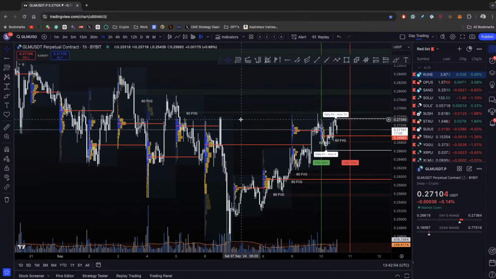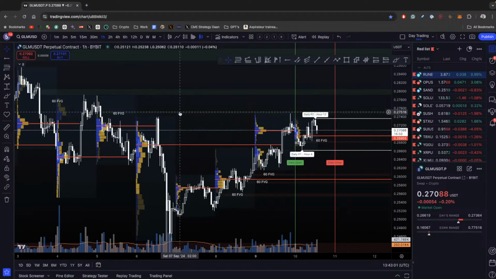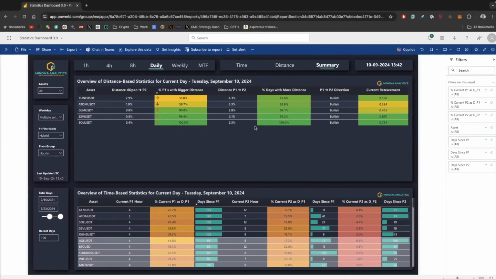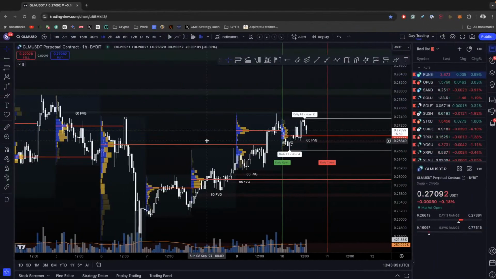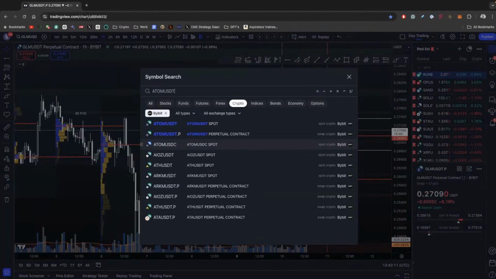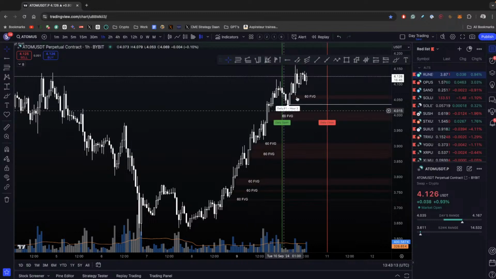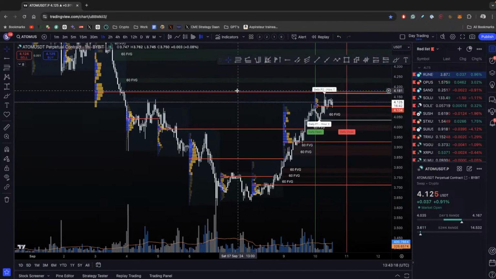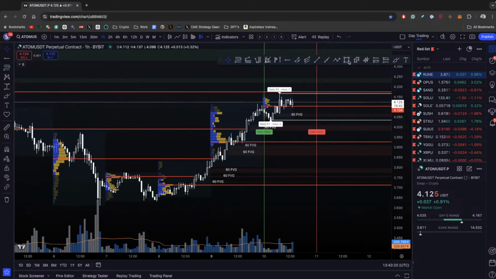Yes, I really liked that Rune had this tap, but we took some liquidity here as well. I would consider it more or less equal highs. Rune I really like because you had that naked daily point of control hit. But it's kind of the same thing, right? You can short, targeting lower. Look at that, beautiful. Naked daily point of control right above. So say you would do something like this, it would be a beautiful short.